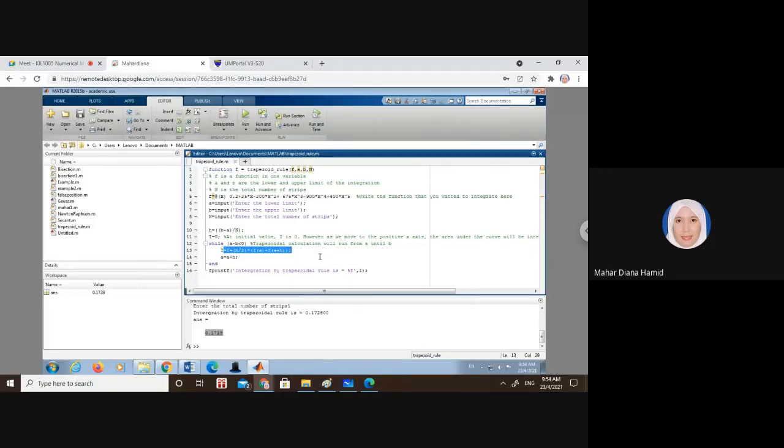Can we move on to one-third Simpson's rule? In that case, I'm going to give you about 10 to 15 minutes, and can you try to do that? The only difference with the trapezoidal rule would be this part here. If you refer back to the codes, you will see that the only difference would be the formula.